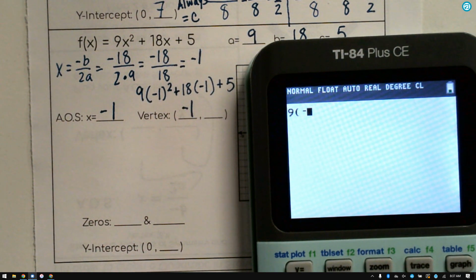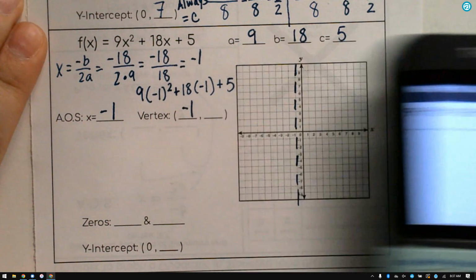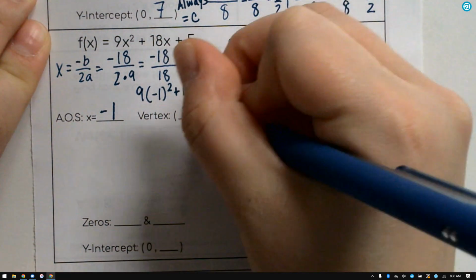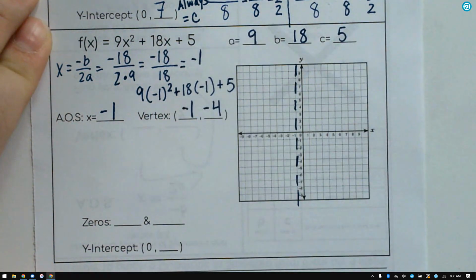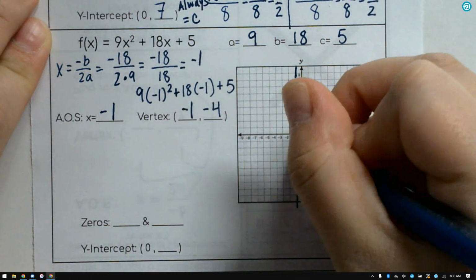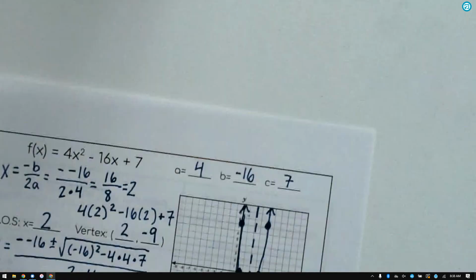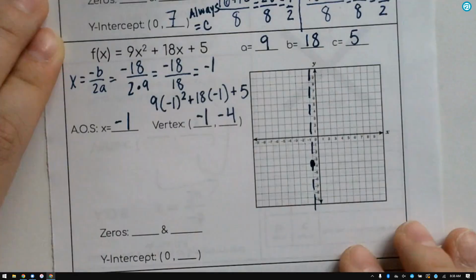That gives me negative 4. So my vertex is at negative 1, negative 4. Negative 1, sorry, negative 4. There we go.